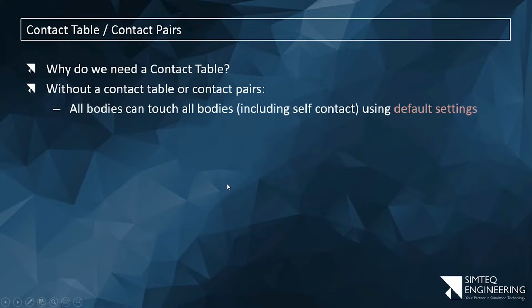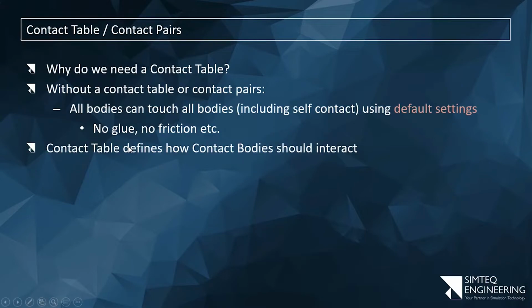In a lot of analysis, I want very specific settings between different parts. Okay, in other words, if I use defaults, I cannot have glue, I can't have friction, I can't override per body pair certain settings in terms of distance tolerances or bias or anything. Okay, so the purpose of the contact table is to define how all of my contact bodies in my analysis can interact.